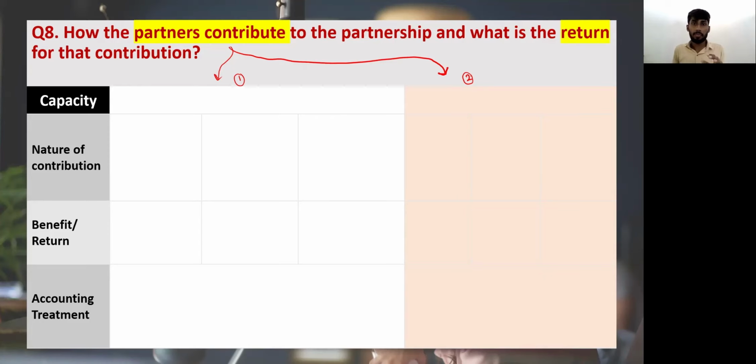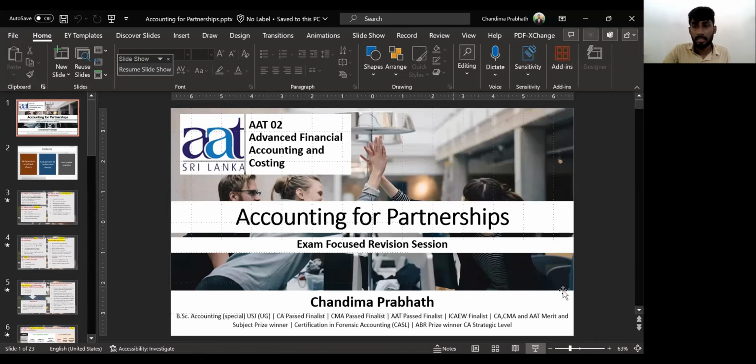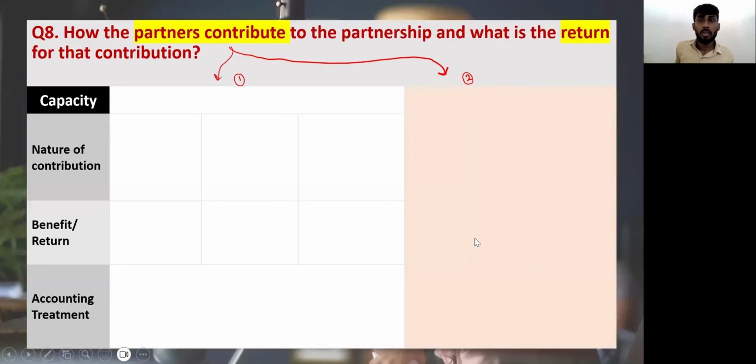So based on the capacities, my dear students, the accounting requirement will change, and the benefit that they get will change.